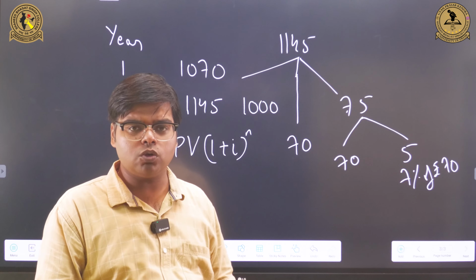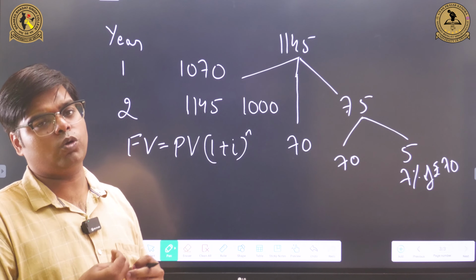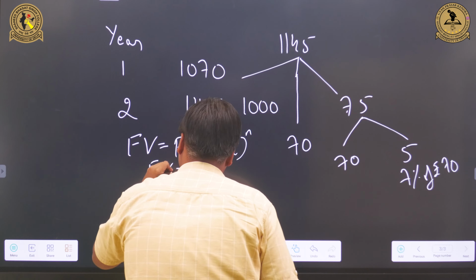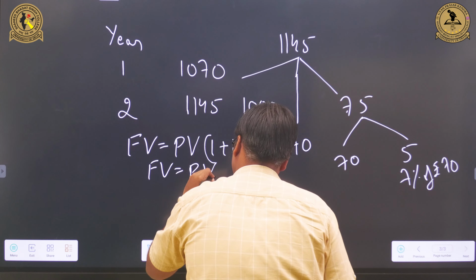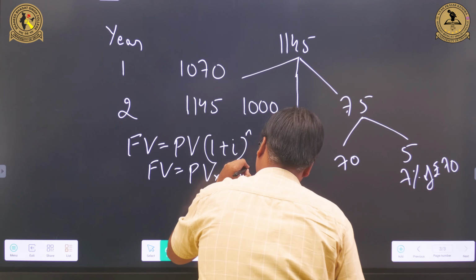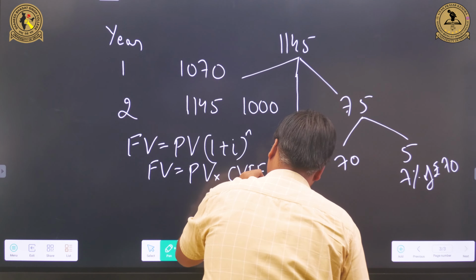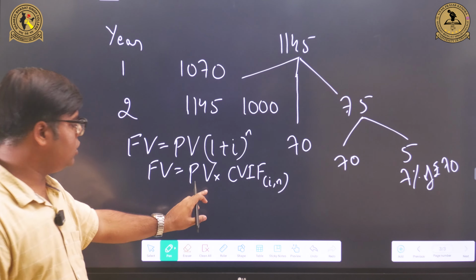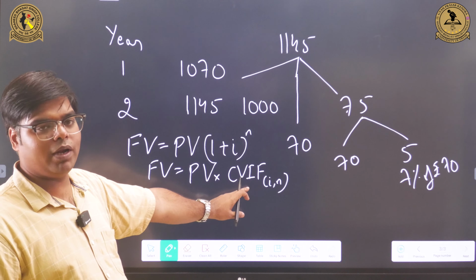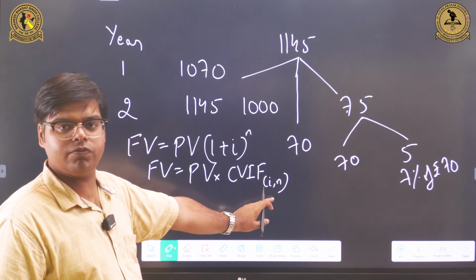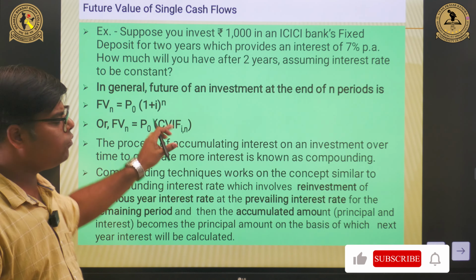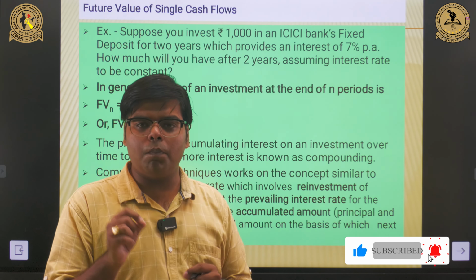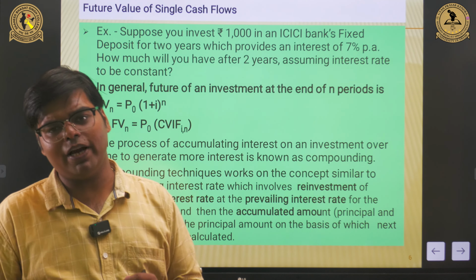However, in order to avoid the mathematical computation, we have a shortcut formula. Future value is equals to present value multiplied by CVIF I, N. Now what does this CVIF represent? CVIF means compound value interest factor.